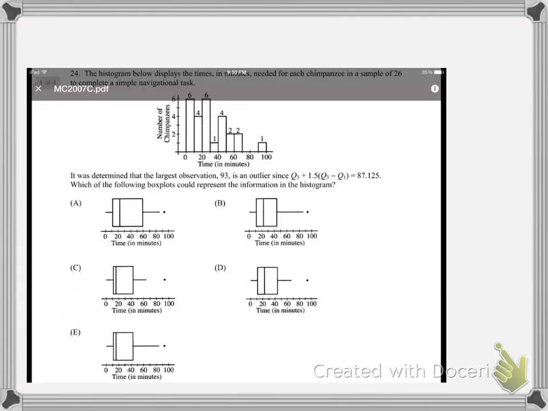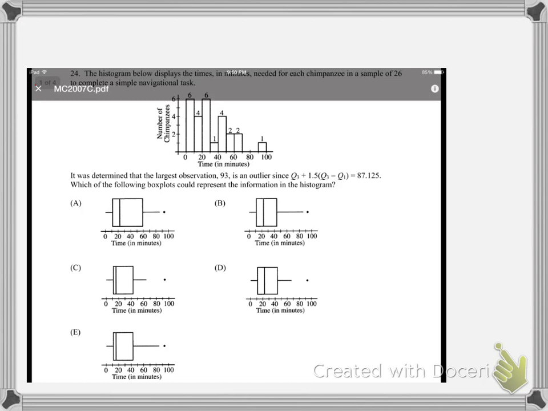All right, so let's look at this graph here, this histogram. So there's 26 observations, and they tell us that 93 is an outlier, the max. And so we can see on every single box plot that there's a dot at 93. Okay, so this is about box plots, and box plots are medians and IQRs, and they talk about percents.